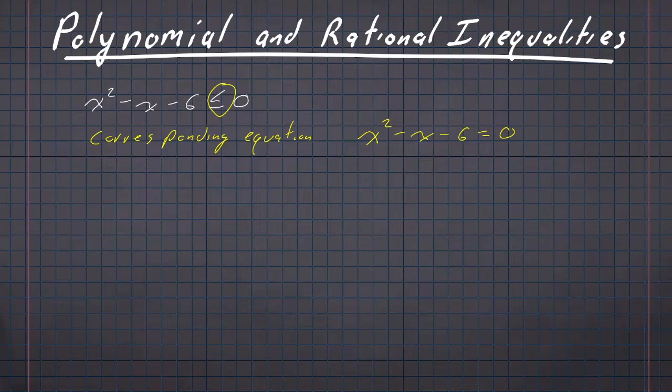So, in working with this equation, we might look at the factors. In this case, I would need two numbers that multiply to -6 and add to -1, like -3 and +2.